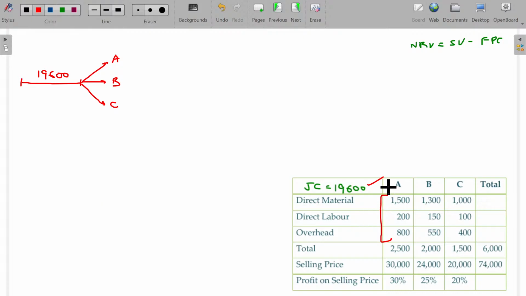These are further process costs. After this, to process it further before sale, 2,500 rupees spent for processing further of A, B 2,000, C 1,500.